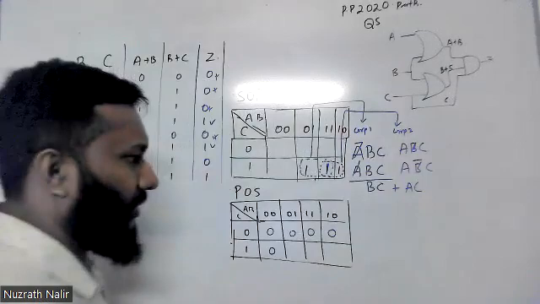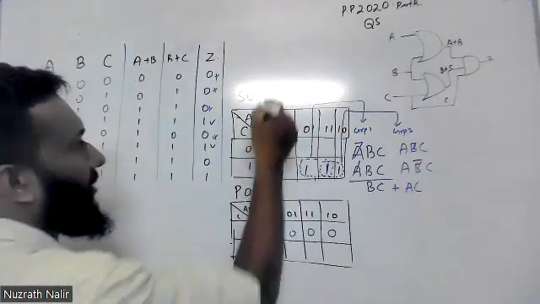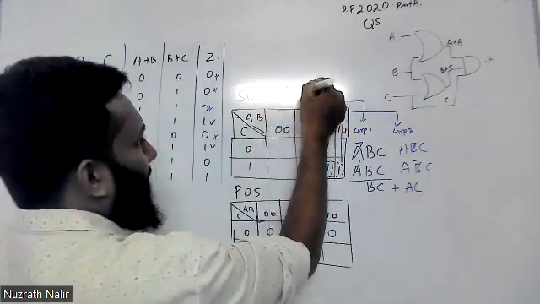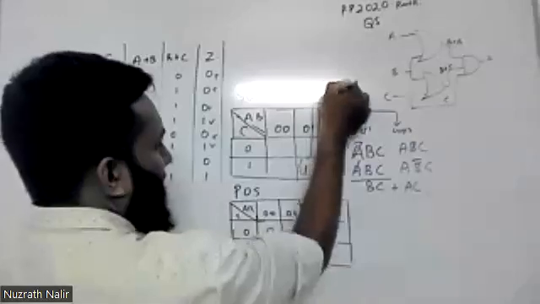So this is your answer. BC equal AC. So the SOP BC plus AC.